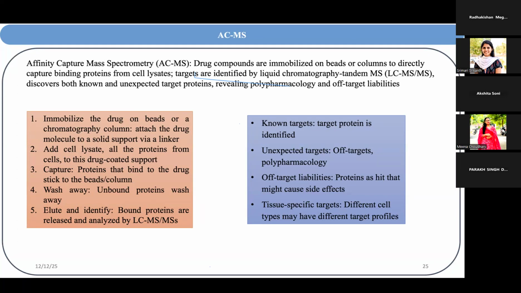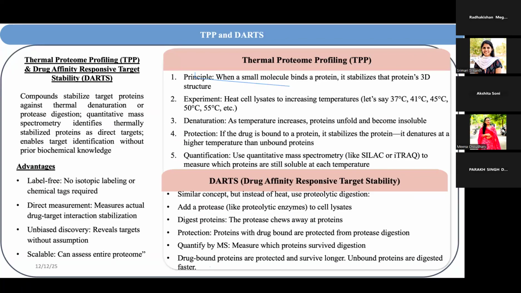And moving on to the TPP and DARTS. TPP stands for thermal proteome profiling, and DARTS stands for drug affinity responsive target stability. Here we use heat or a protease to denature the proteins, then measure which proteins are protected by the drug binding.